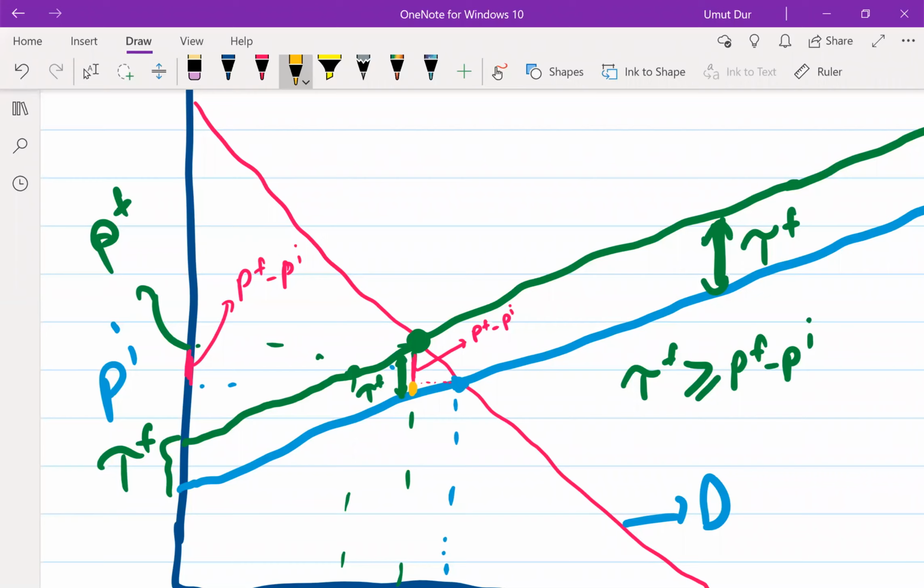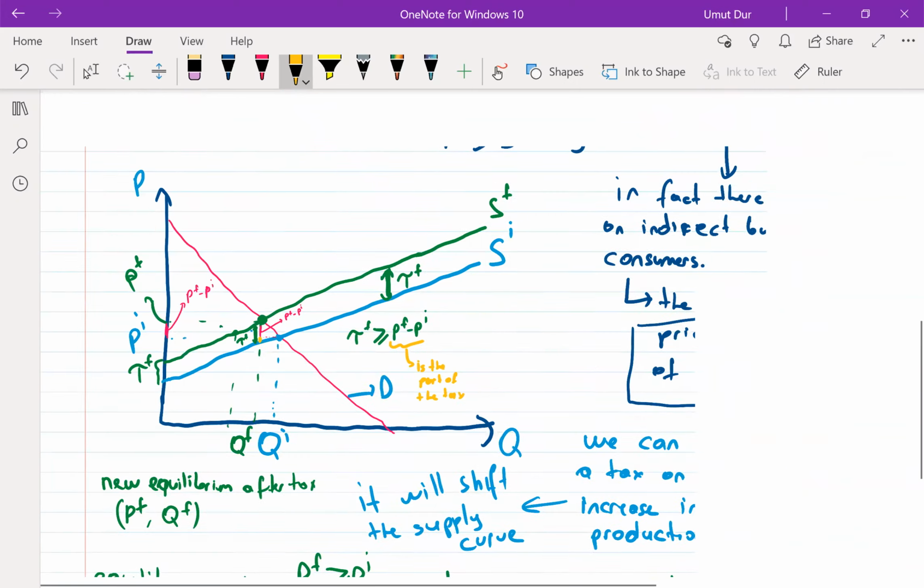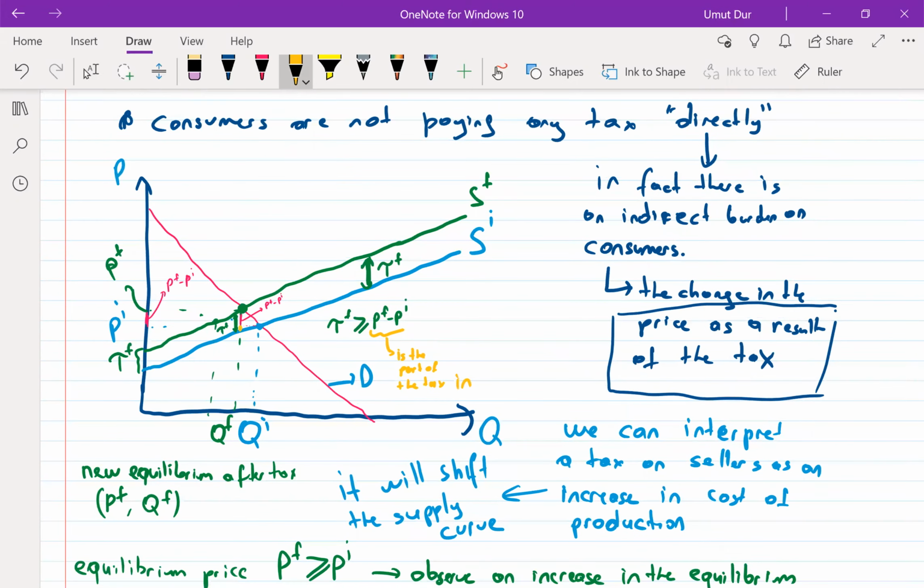So there is a sharing between the consumer and the seller. In fact, this portion, PF minus PI, is the part of the tax indirectly paid by consumers.